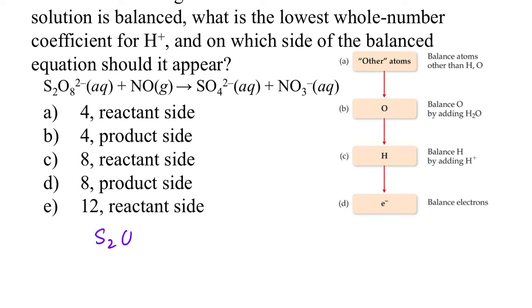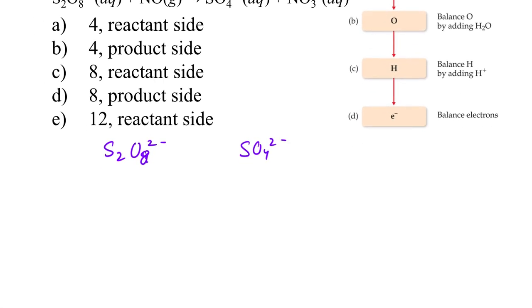We have S2O8 2-, forming SO4 2-. That's our one half reaction. The other one is going to be NO, forming NO3-.